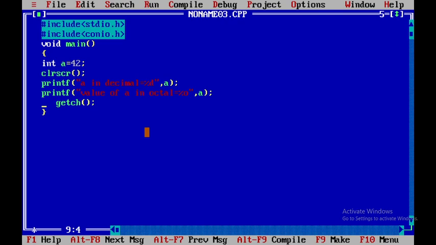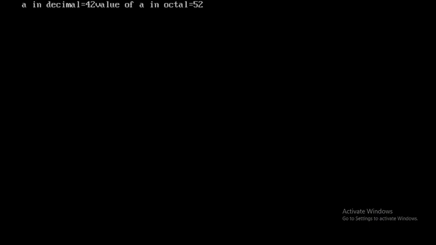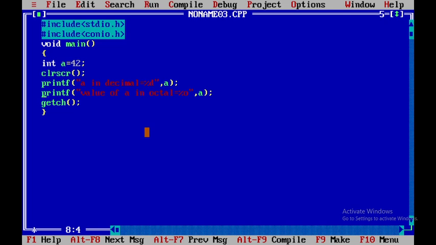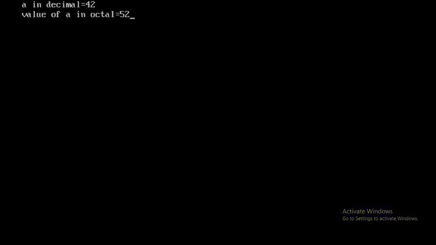And if we run this again, you will get 52. So we are going to use a new line character. Now if we run again, you can see 52.